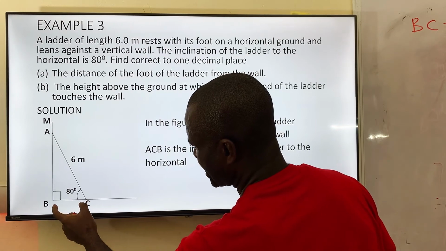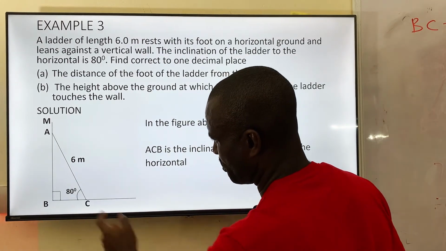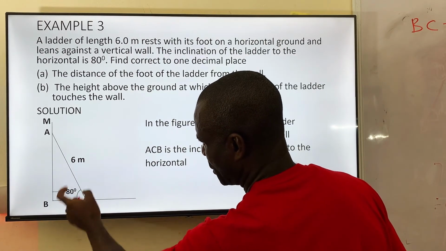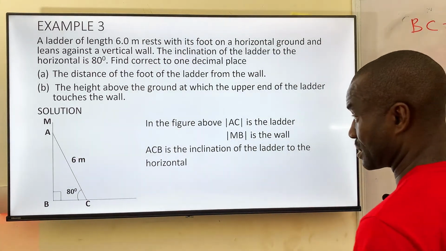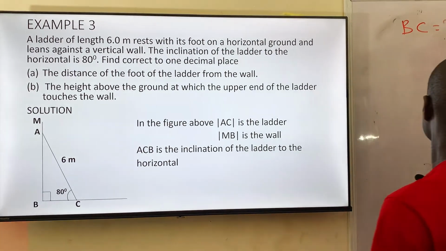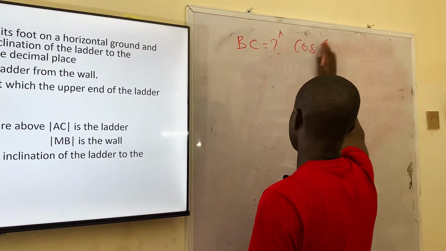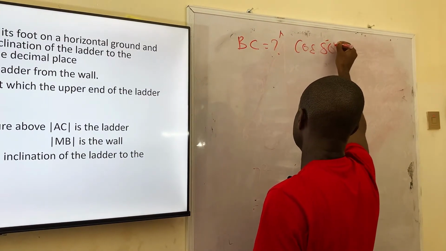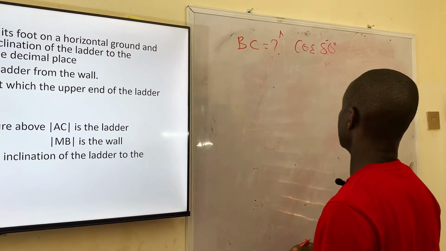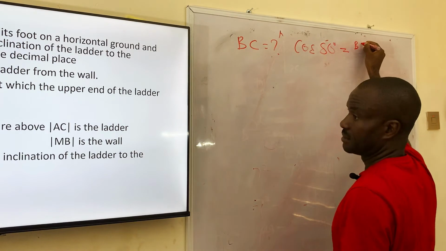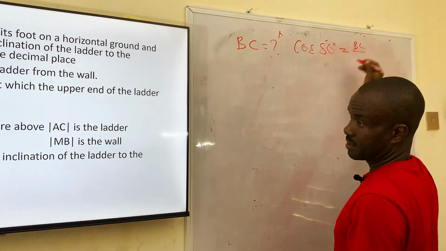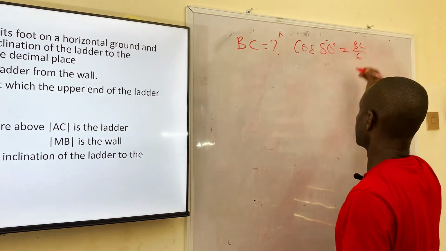You find BC all over 6. That gives you BC, which is the adjacent all over hypotenuse. That's cos. Cos 80. The angle there is 80. Cos 80 degrees is going to be BC all over 6.